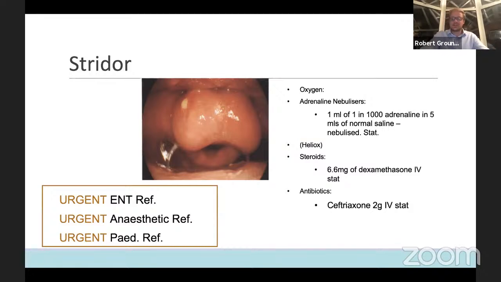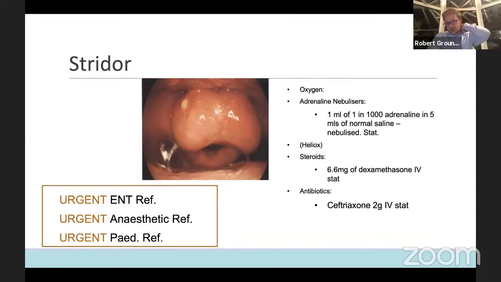We're managing this with A, B, C, D, E. So getting that airway assessed, getting oxygen, getting SATs on, then you're going to move on and get your heart rate, assess the rest of them, make sure you're not missing anything else. We use adrenaline nebulizers, and the idea is if you can put a little bit of adrenaline on, it causes vasoconstriction and can just shrink this down, and that can be given repeatedly until you get everything else under control.